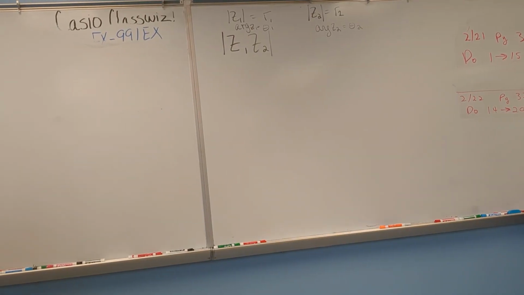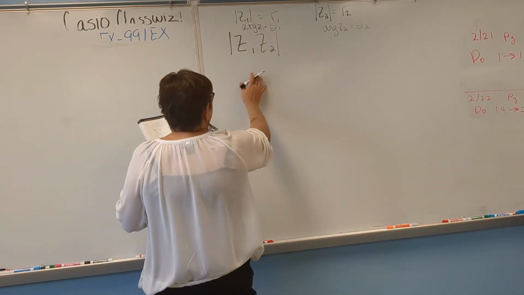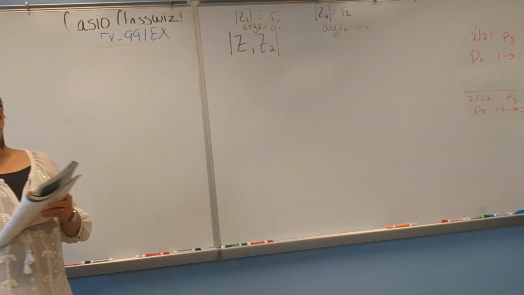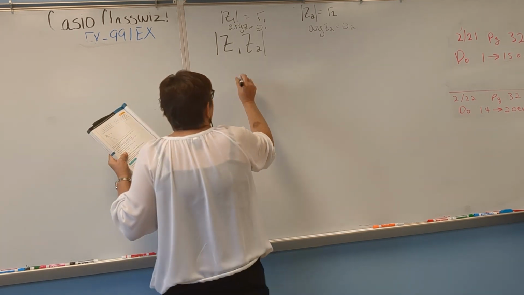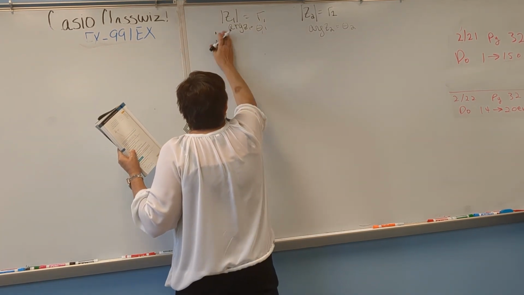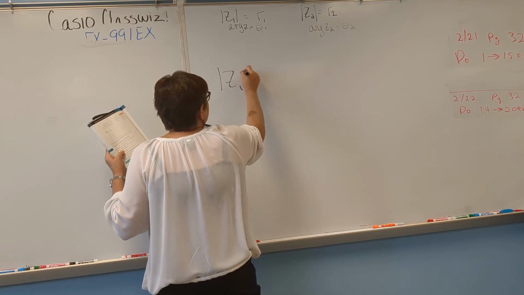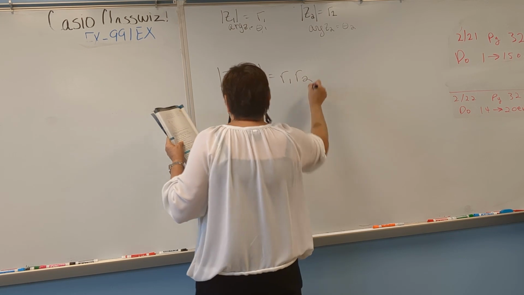If I'm multiplying the two together and I'm trying to find their modulus of two things multiplied, okay, that's going to be R1 times R2.